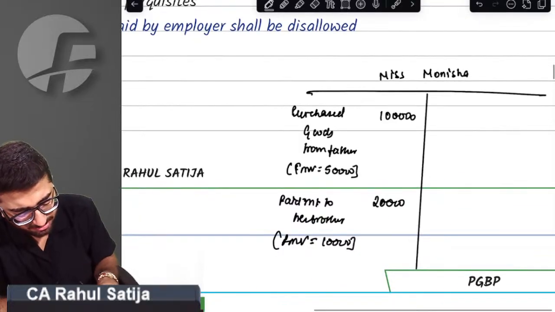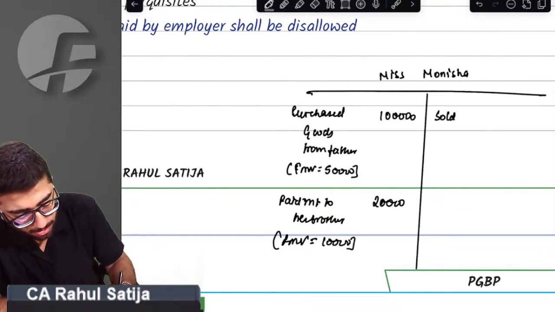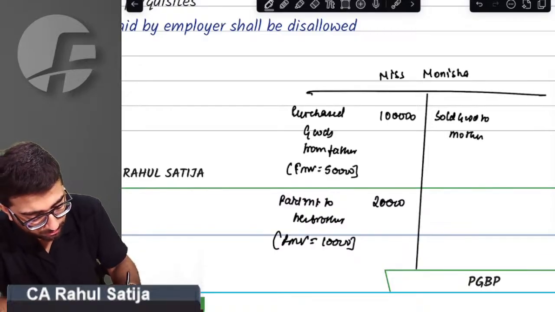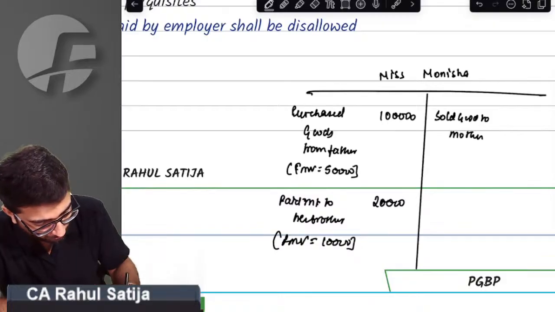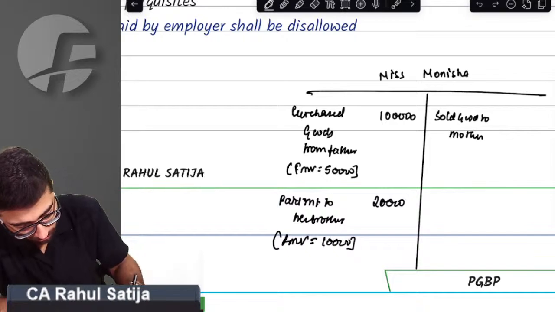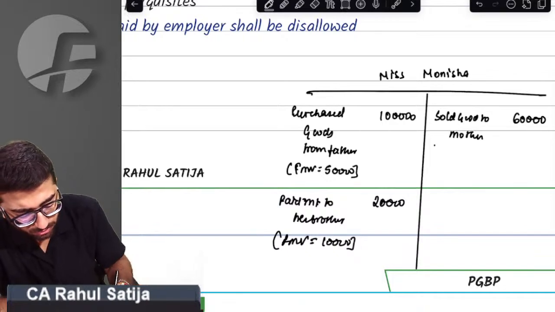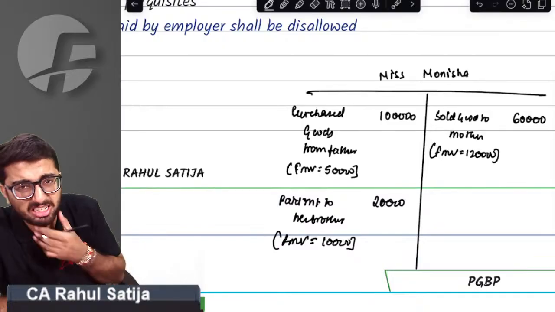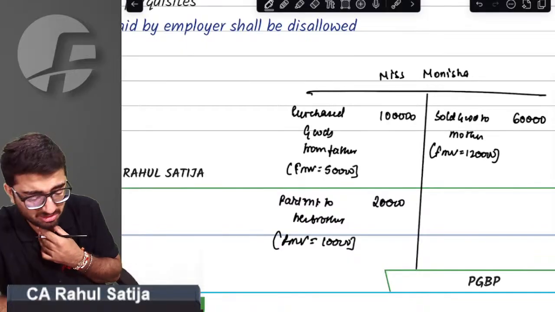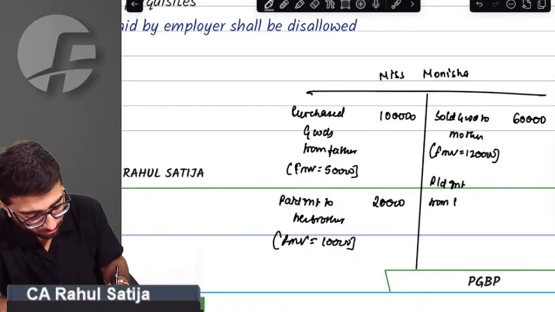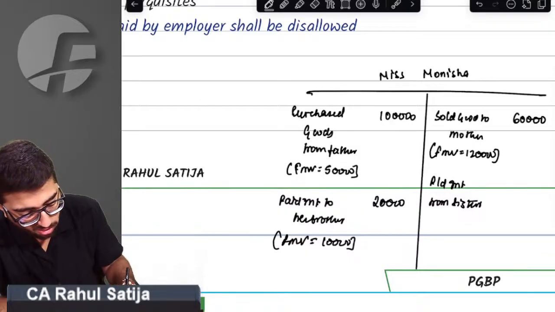She sold goods to her mother for 60,000. FMV was 1 lakh 20,000 rupees, but she is just selling at 60,000. She is selling at a loss. She received interest from her sister.